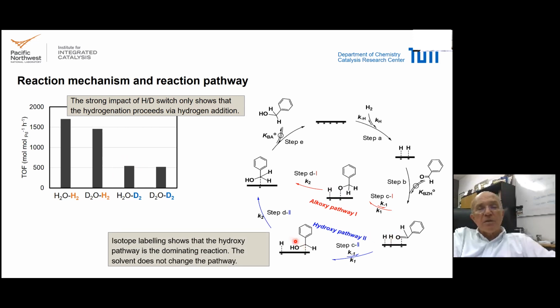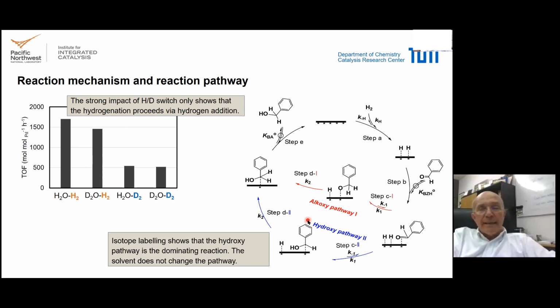Then it forms an OH group at the surface, and that's why it's called the hydroxy pathway, and there is a carbon metal bond. Now, with isotope labeling, seeing where the isotopes go, we can clearly say it is the hydroxy pathway which is the dominating pathway.